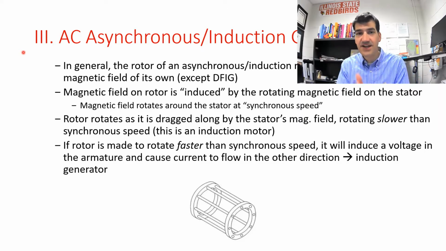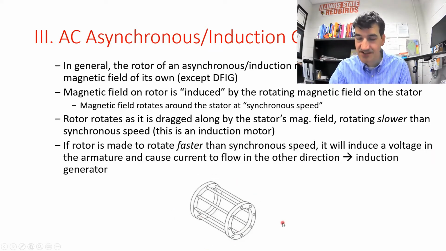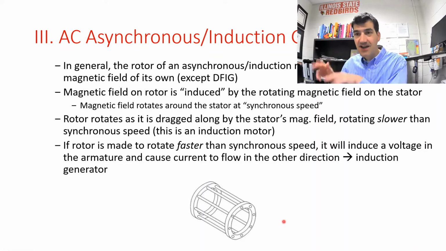So basically, in a nutshell, how does an asynchronous or an induction generator operate? Well, in general, the rotor might look something like this. This is actually the first type of asynchronous generator we'll talk about. And I think hilariously, this is sometimes called a squirrel cage, like an exercise wheel for a gerbil or a mouse or a hamster.